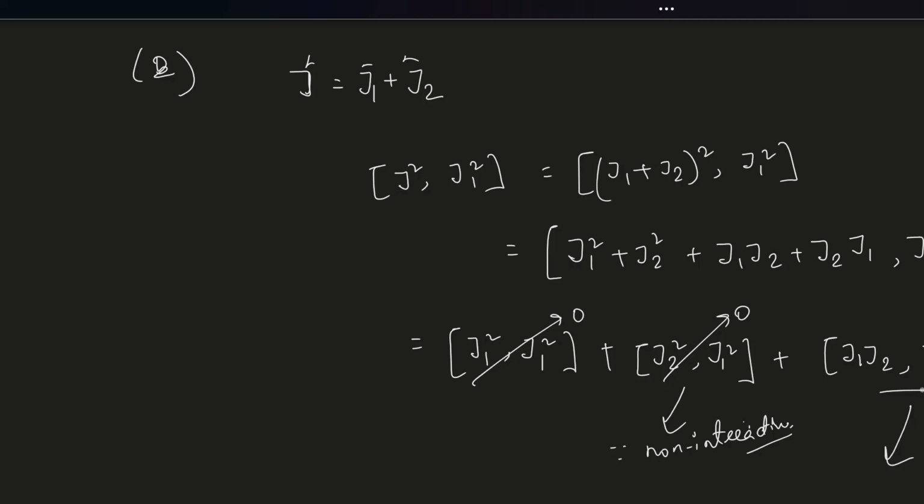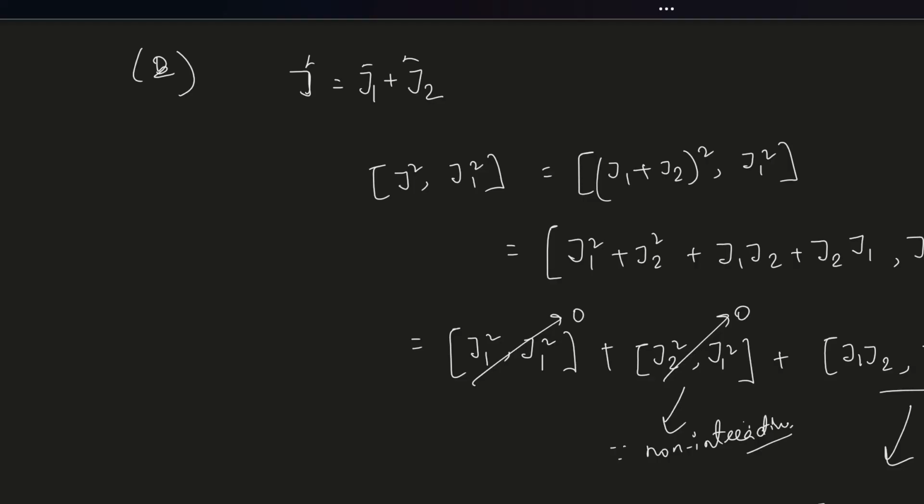And similarly this can be known at one look, that this is also going to 0, because either it has its own J1, which will anyway go to 0 with J1 square, and J2 is something that will also go to 0 for the commutator bracket relation with J1 square, because they are non-interacting with each other, right? But even if you decompose this part into terms, this is basically giving you J1 squared J2 plus, this is the commutator bracket rule, how you decompose things like this, so J2 J1 squared.